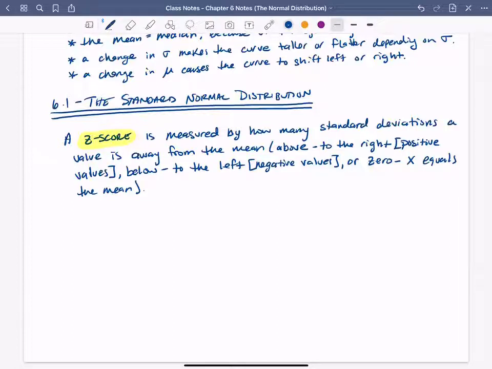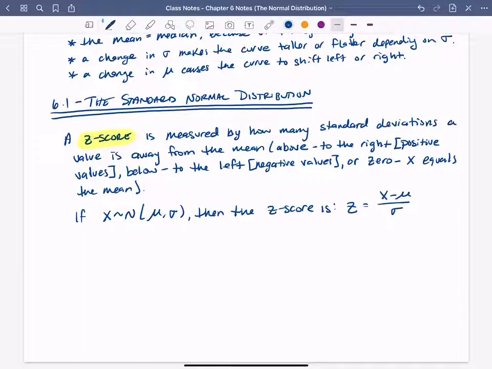Now, we're also going to say if x has a normal distribution with your mu and standard deviation, then the z-score is, and this is an equation we're going to use a whole lot, z equals x minus mu over the standard deviation, over sigma.